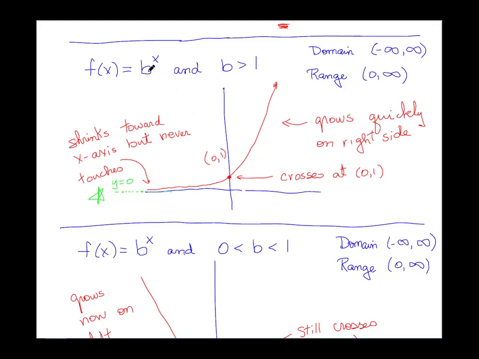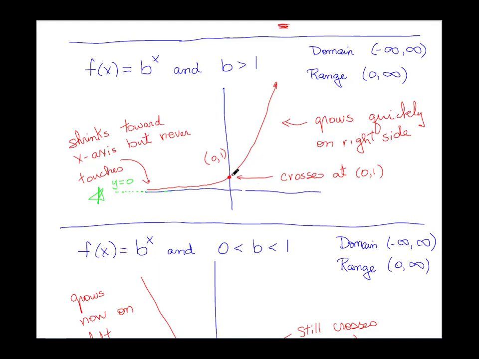Well, b raised to the 0 power, anything raised to the 0 power is 1, right? 2 to the 0, 5 to the 0, they're all just 1. Now the only case that's a bit strange is if you had 0 raised to the 0. But other than that, we don't have to worry. It always crosses here at 1.